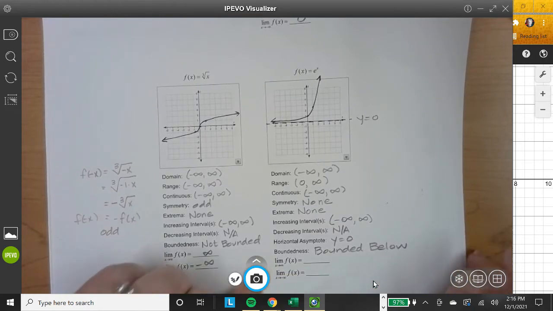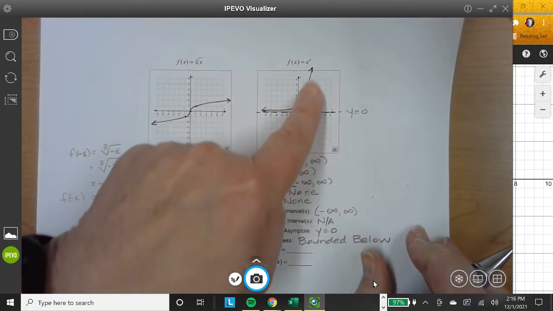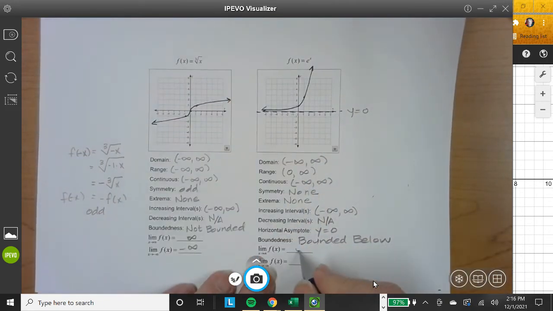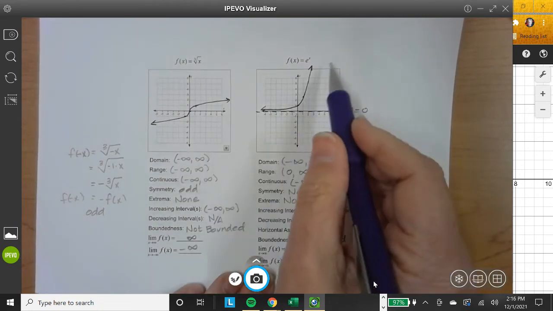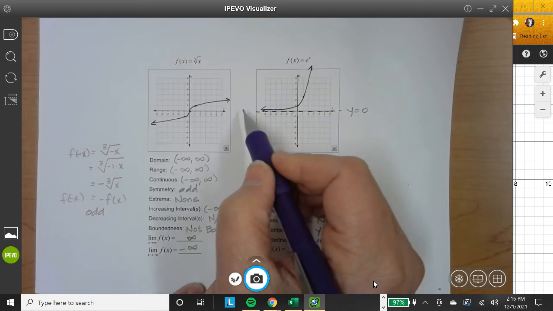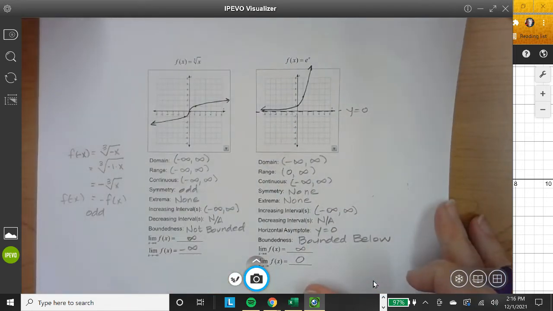The end behavior limits: as x goes to infinity, y or f of x is going towards positive infinity. As x goes to negative infinity, the y or f of x is approaching 0. All right, that's the exponential function.